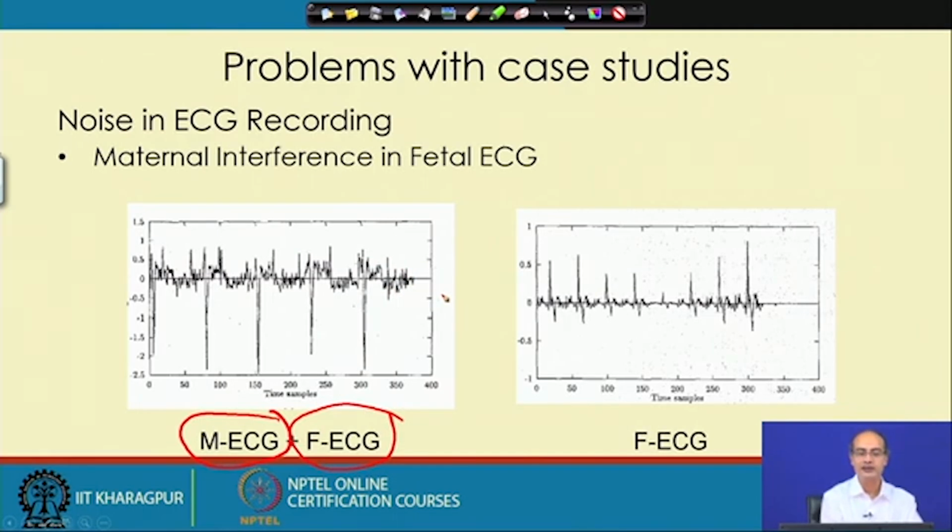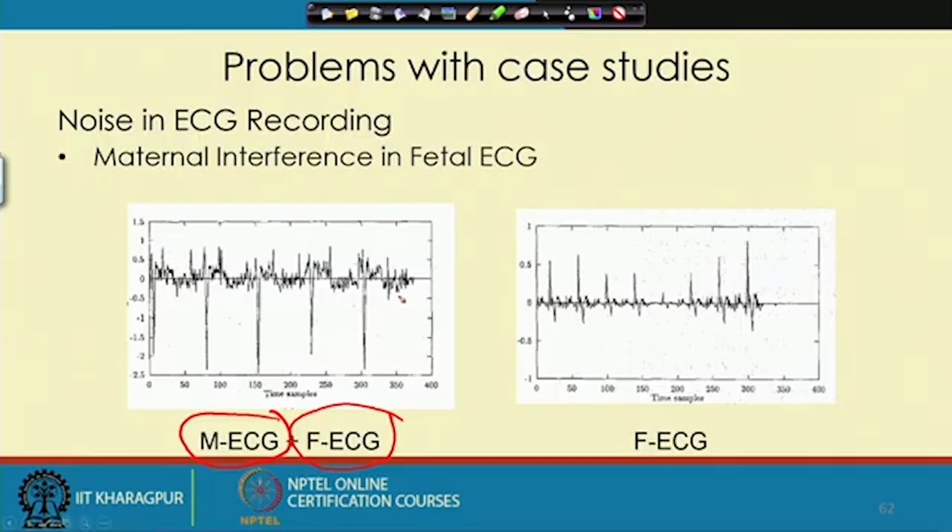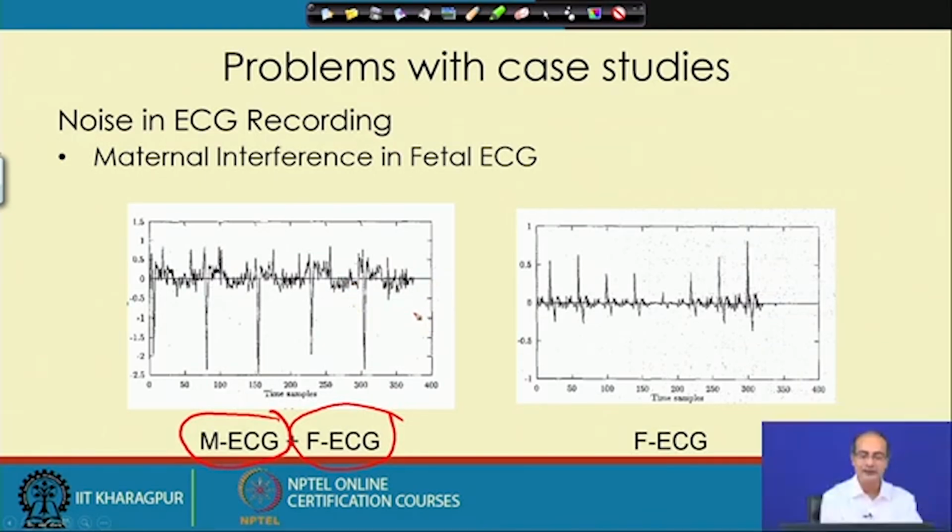In fact, there is a peculiarity in nature: the bigger the animal, the slower the heartbeats, and the smaller the animal, the faster the heartbeats. Here we are looking at the same species, but the womb has higher heartbeats, and they add with each other and smear the signal. We do not get the real nature of the mother's ECG. So, if we have to study the mother's ECG or the fetus ECG, then we need to remove the other.